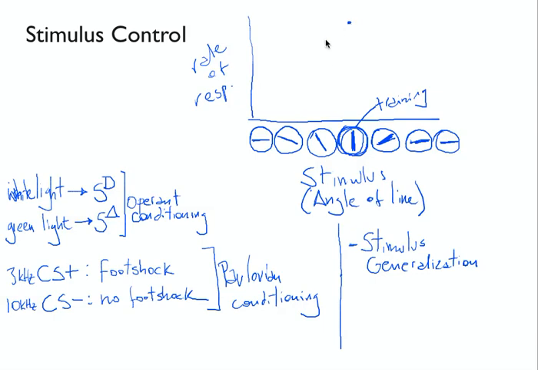And then we should see that responding may not be as strong. Maybe drop all the way down. It will be weaker, weaker, weaker, the more different the testing stimulus is from the training stimulus.